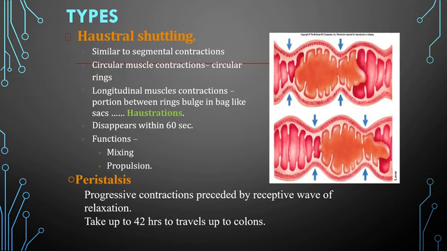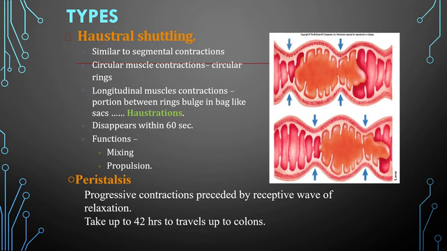The types of large intestinal motility are the main one, haustral shuttling, and peristaltic type of contractions, and also the mass peristaltic movements. Haustral shuttling is similar to the segmental contractions which you have seen in the small intestine. There will be circular muscle contractions forming circular rings, and the haustra are formed in between the circular rings.